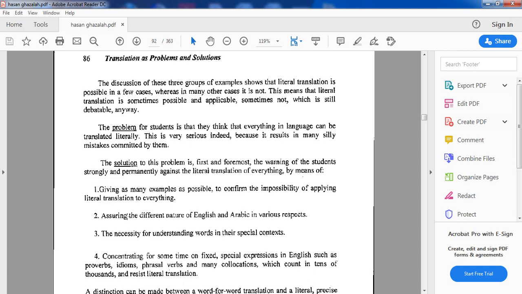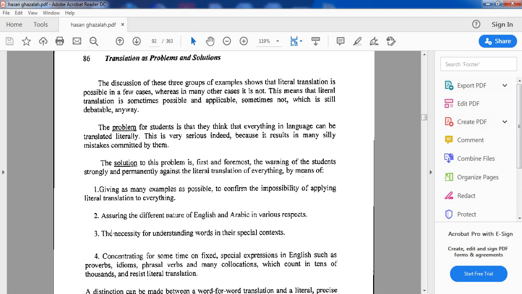So we cannot apply literal translation. As we have said, it is sometimes applicable, but for most cases we have to note that we have two different systems of language. Two different languages.